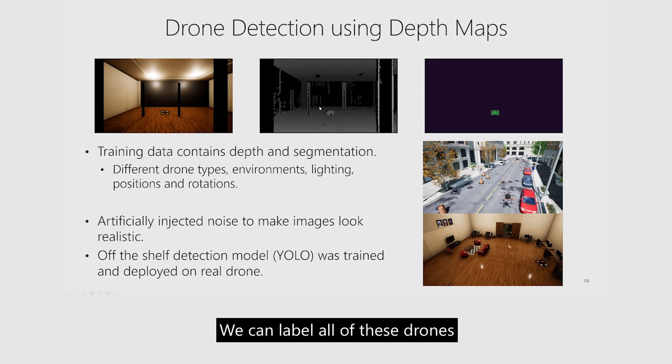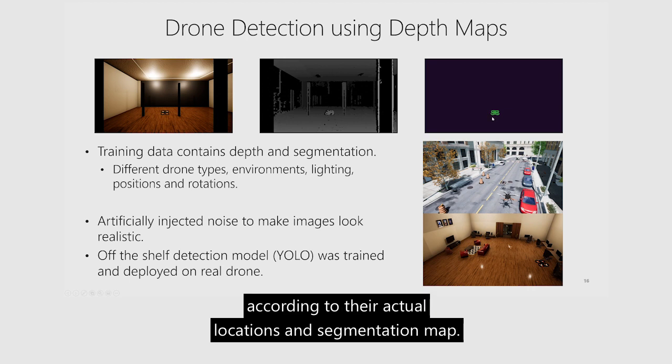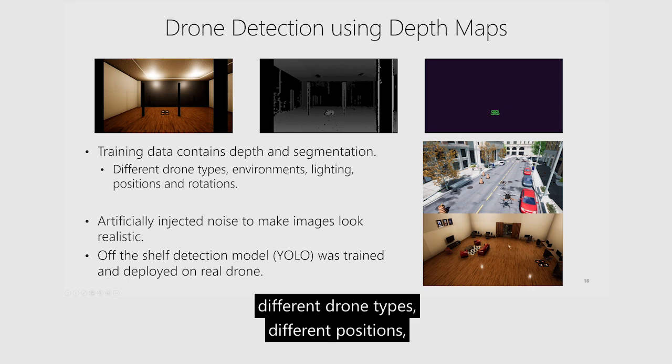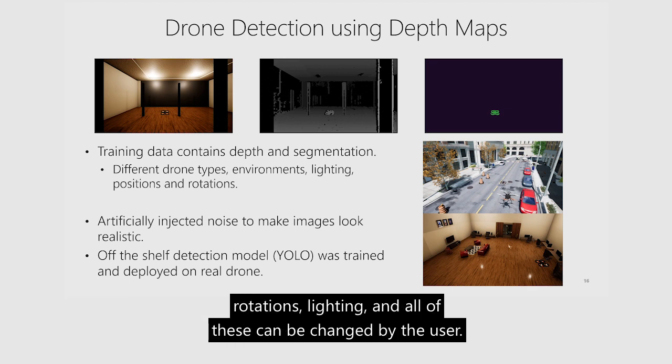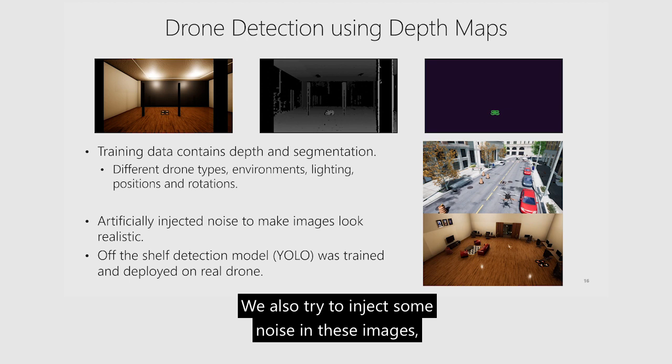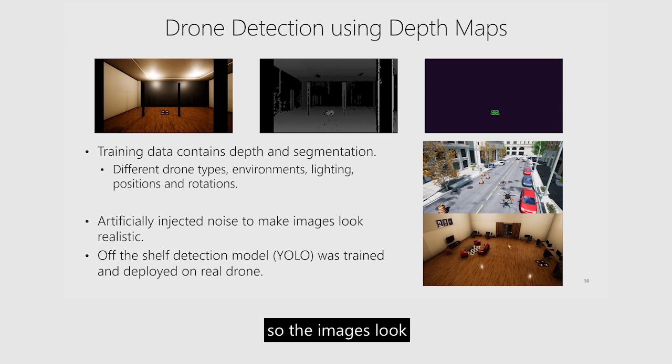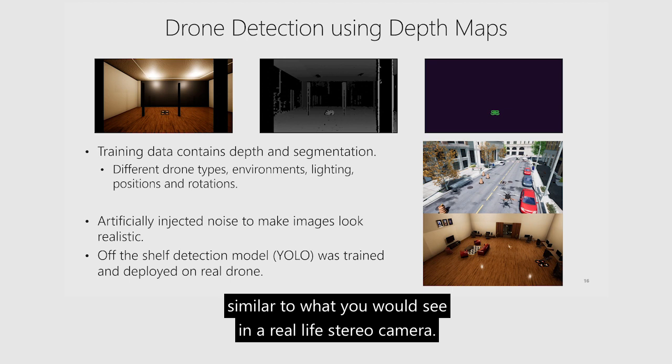We can label all of these drones according to their actual locations in the segmentation map. Then we can randomize this for different drone types, positions, rotations, and lighting, and all of these can be changed by the user. We also try to inject some noise in these images, so the images look similar to what you would see in a real-life stereo camera.